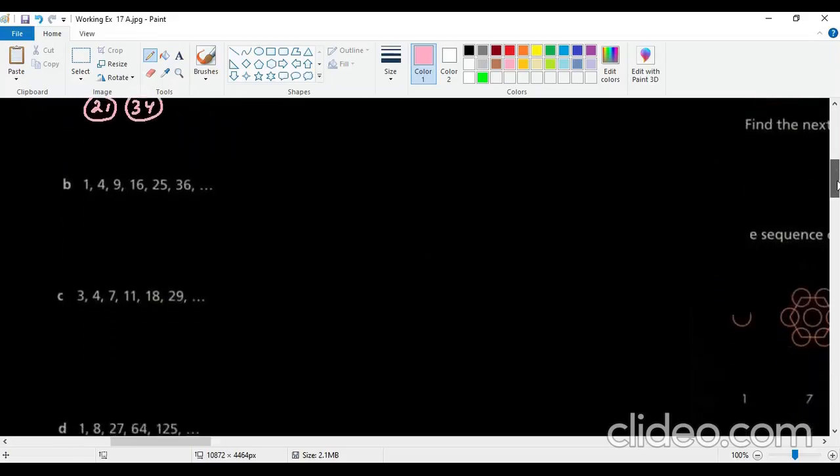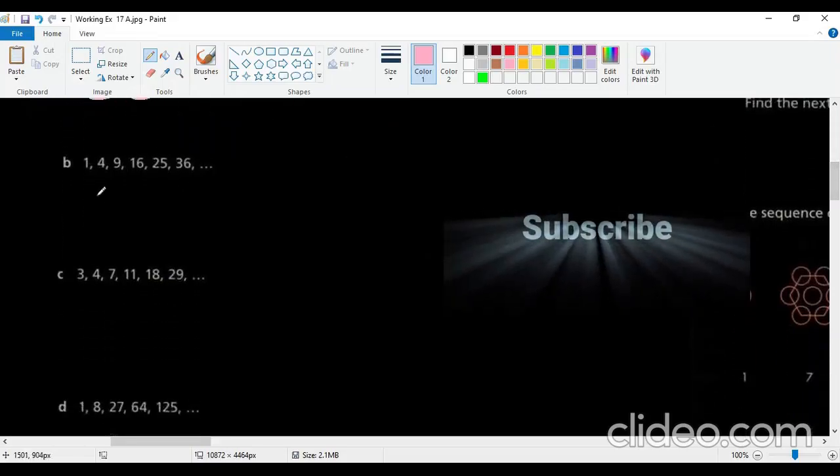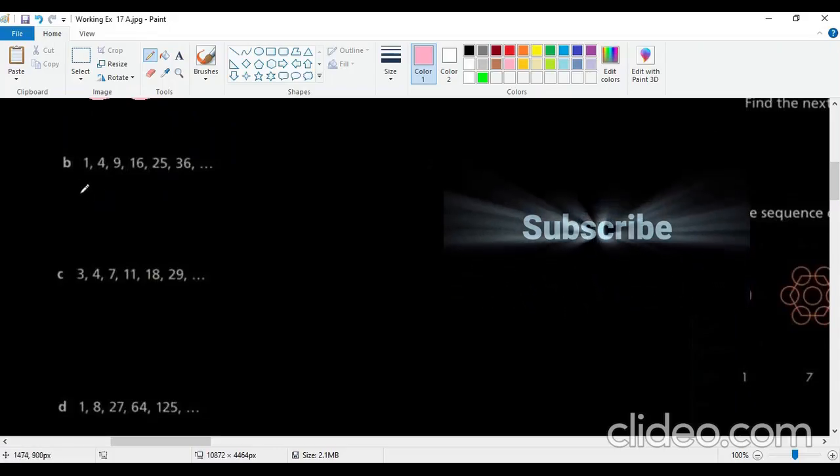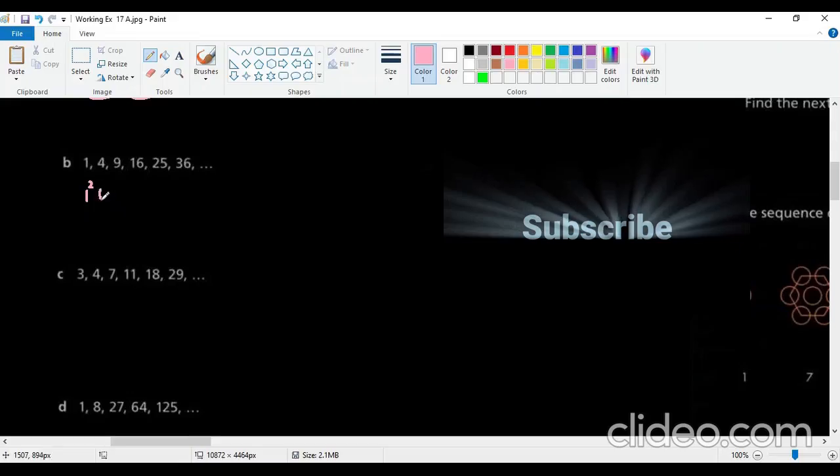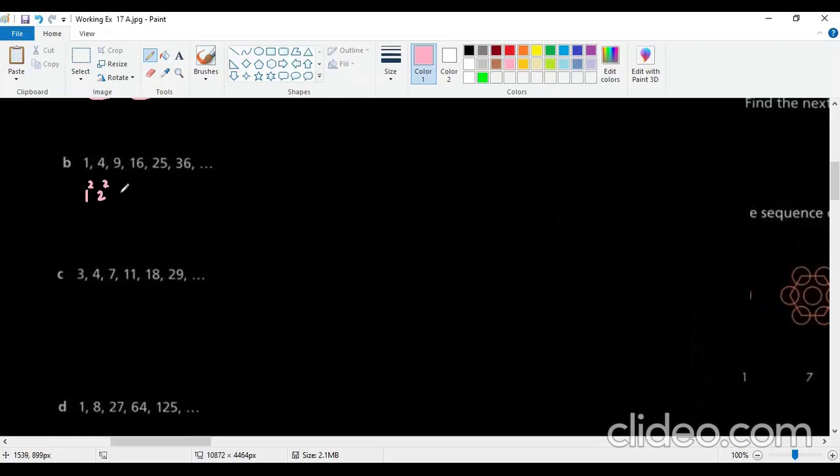When it comes to the next question, it is 1, 4, 9, 16, 25. As you can see, these are the squares: 1 is the square of 1, 4 is the square of 2, 9 is the square of 3, then 4 square, 5 square, 6 square, 7 square, and 8 square.